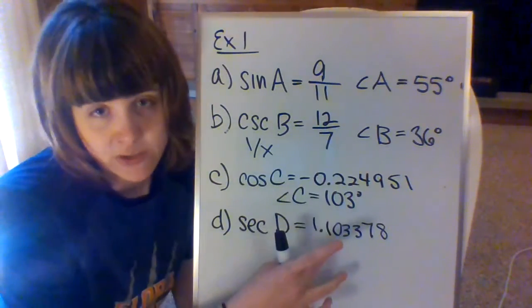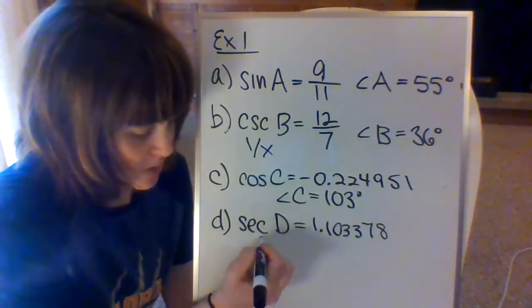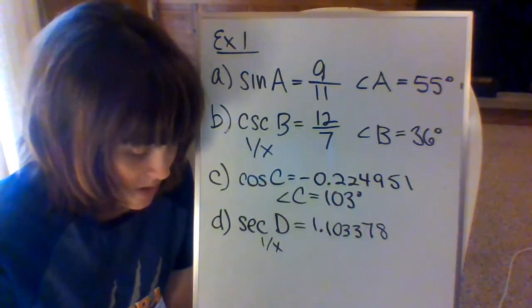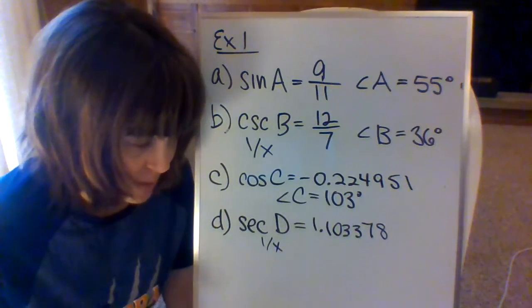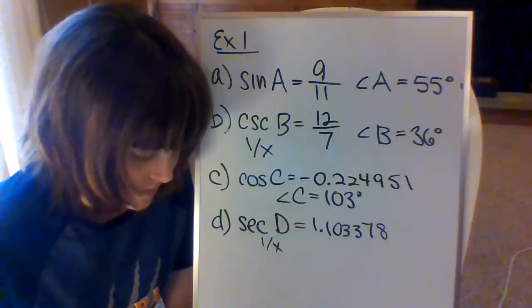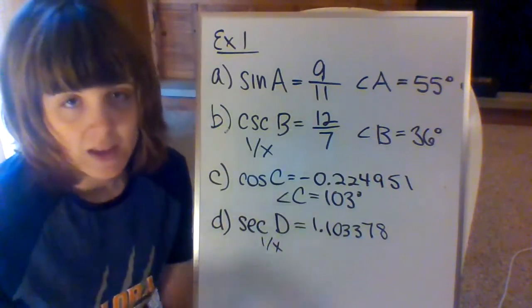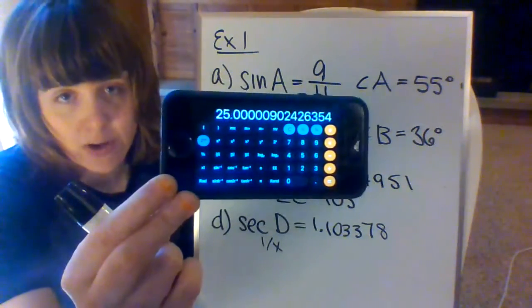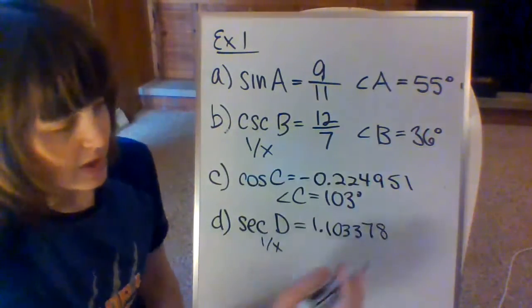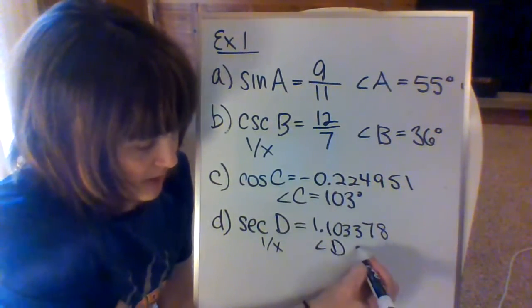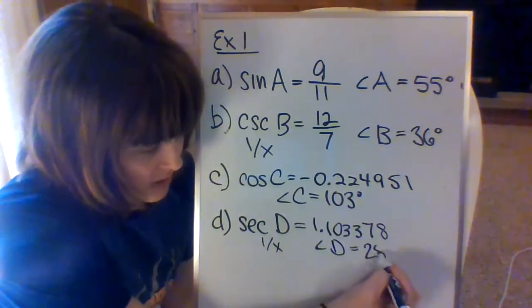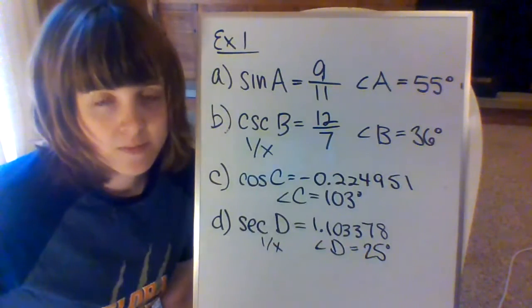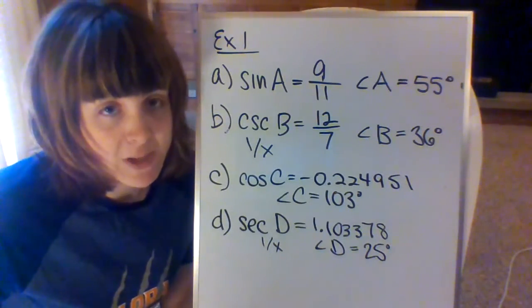Then, because this is the reciprocal of cosine, we're going to press the 1 over x button. And then we're going to press cosine inverse. And that, to the nearest degree, is 25. So angle D equals 25 degrees. Okay, so I hope that's making sense so far.